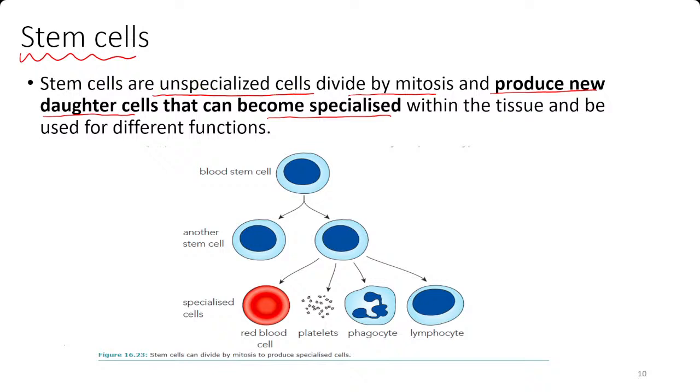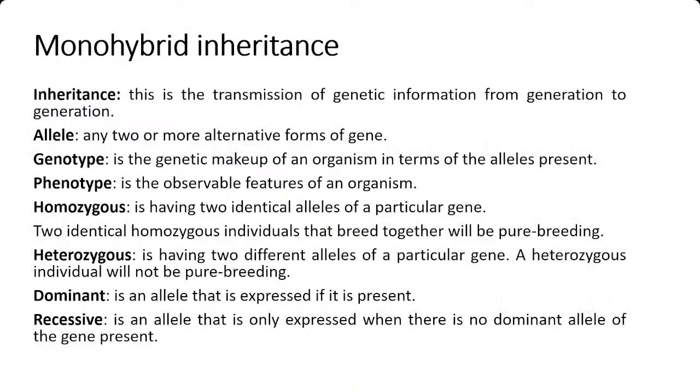Oops, my highlighter isn't working. Okay, that's it. So unspecialized cells, which divide by the process of mitosis, produce daughter cells that can become specialized within the tissue and be used for different functions.